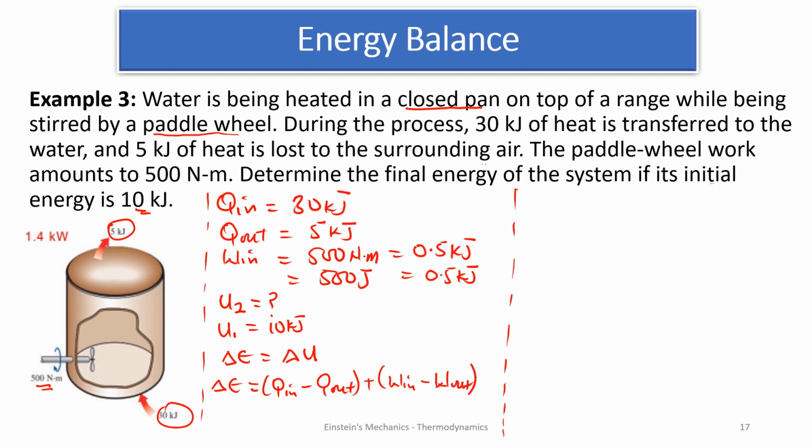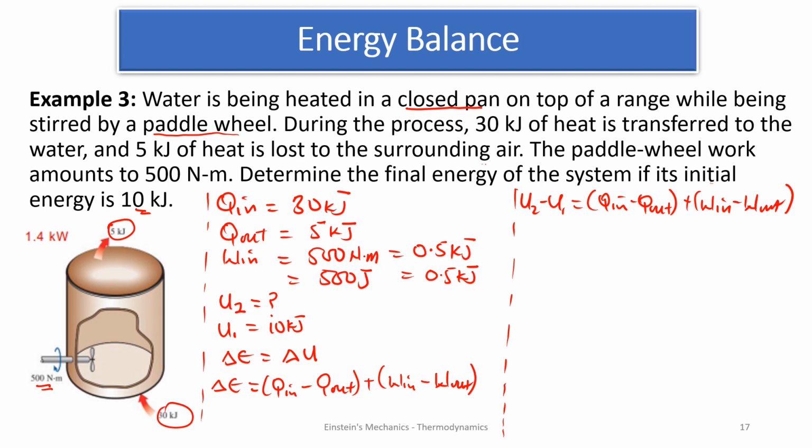No energy of mass because it is a closed system. And the change in U was U2 minus U1, equal to Q in minus Q out plus work in minus work out.